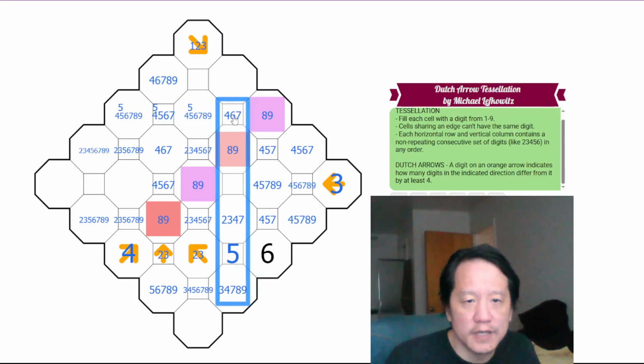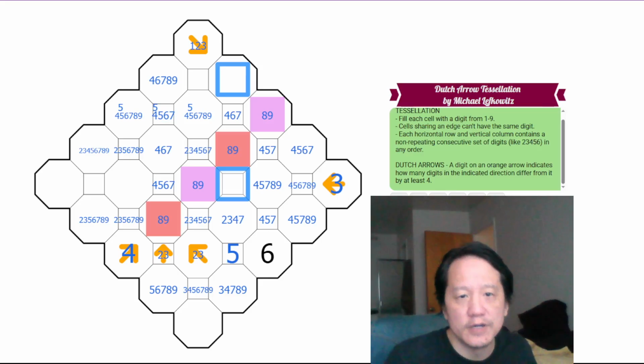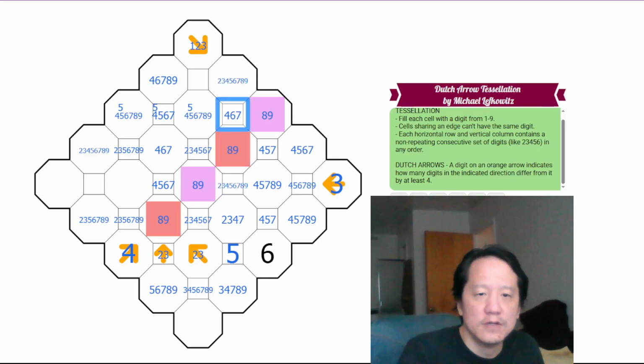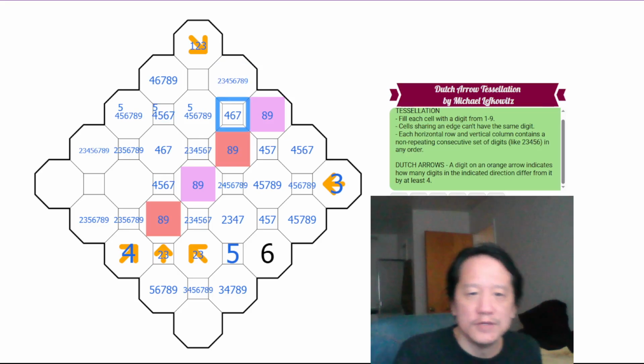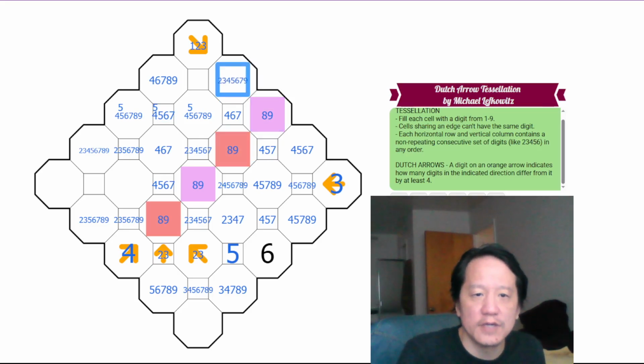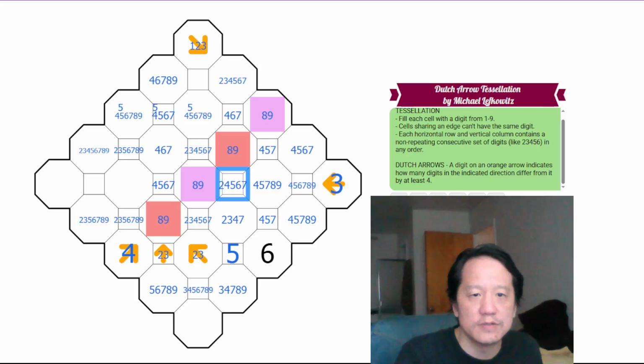This cannot contain a 1 also. So this has to be 2 through 9 here. No 3 here because of 3 in the row. This sees both 8s and 9s, so this cannot be 8 or 9. This sees both 8s and 9s, so this cannot be 8 or 9. Interesting.